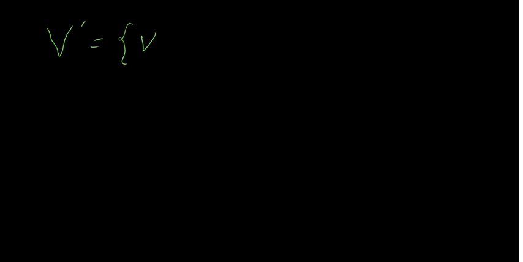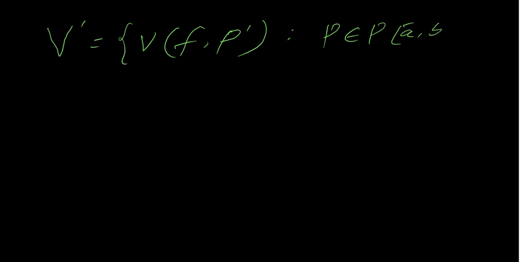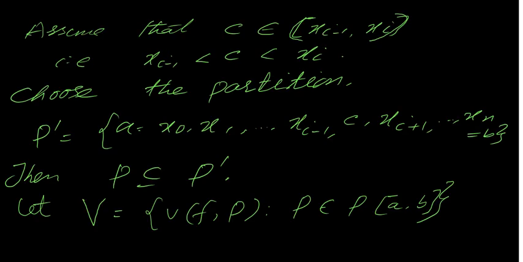It is also the set of the variations, but this is P dash actually, where this P dash is obtained from P. P is the partition of AB. Now you can see that this V is the collection of all variations, and this V dash is also a collection of variations.